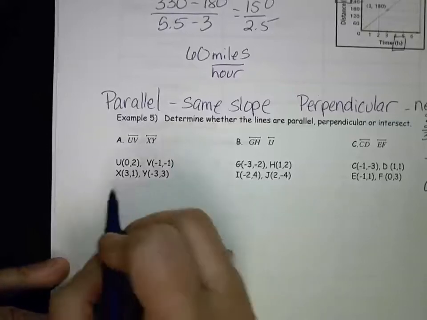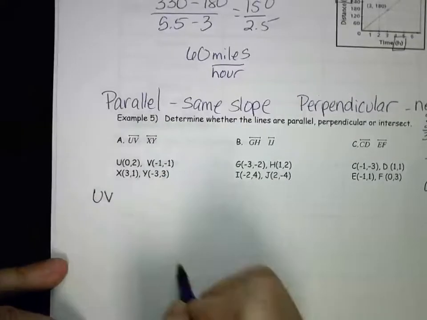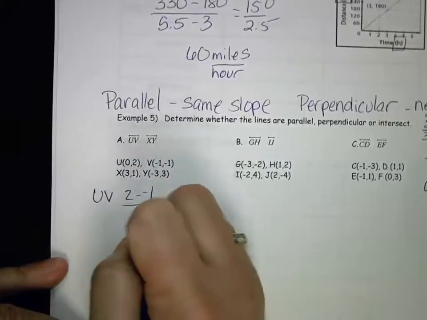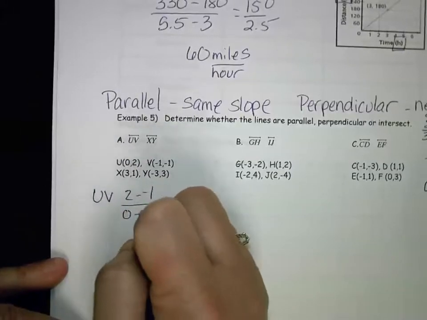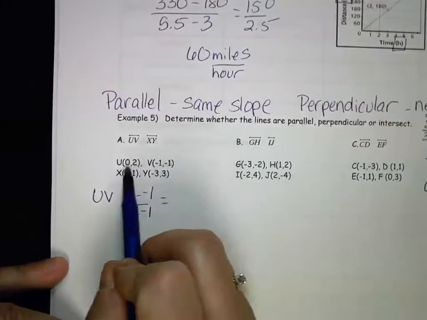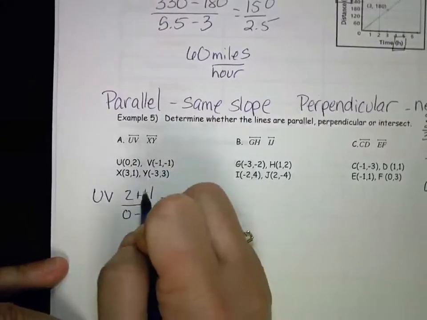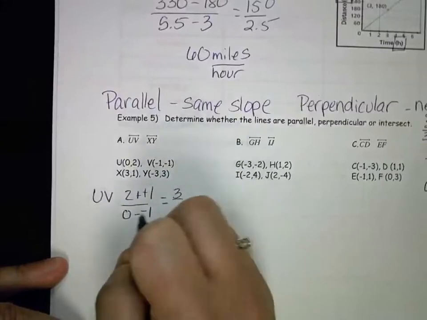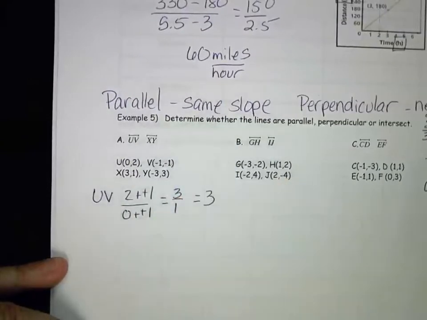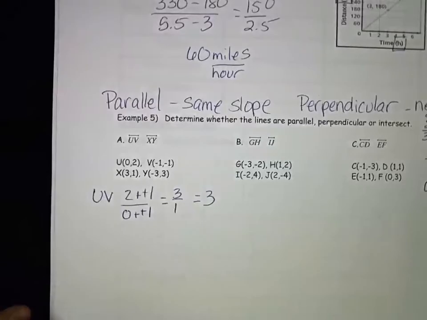So finding the slope for UV, y minus y over x minus x, and that becomes 3 over 1, which is 3.